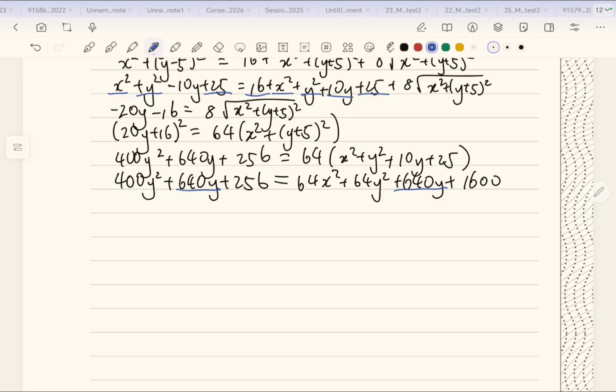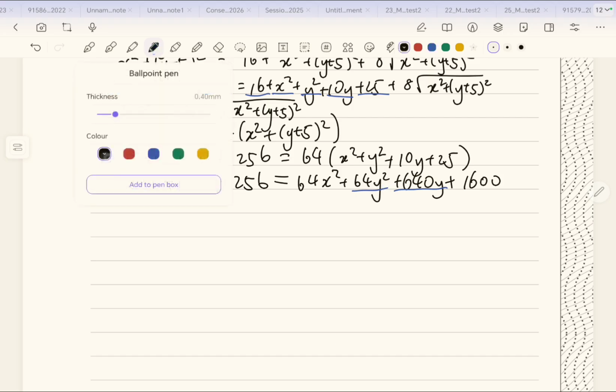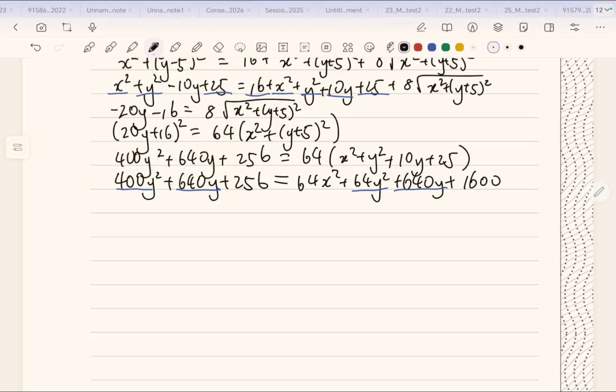Now we just have 400y squared and 64y squared. Therefore, let's move everything to the left hand side and make the right hand side 0. We have 400 minus 64, which is 336y squared, minus 64x squared, and we have 256 minus 1600, which is negative 1344.